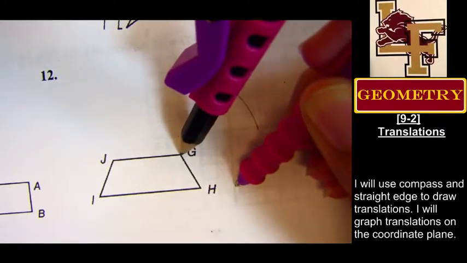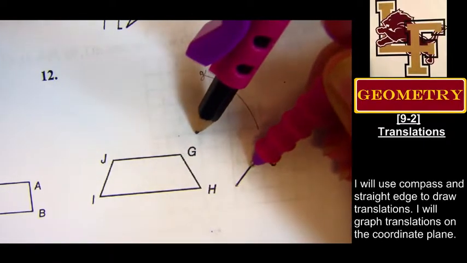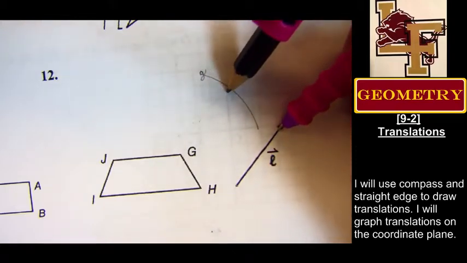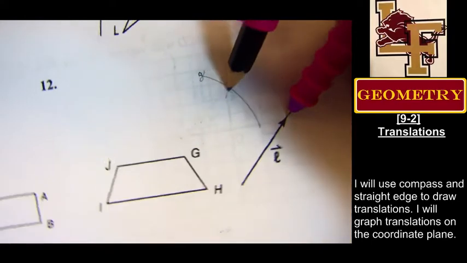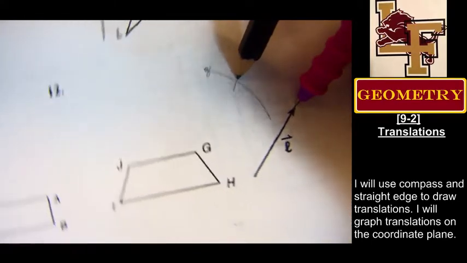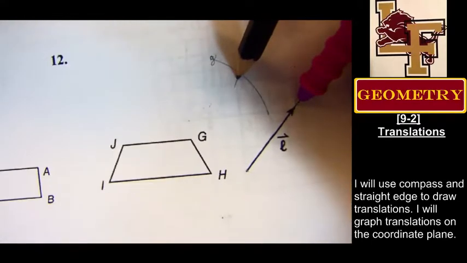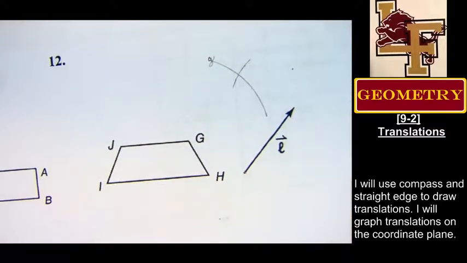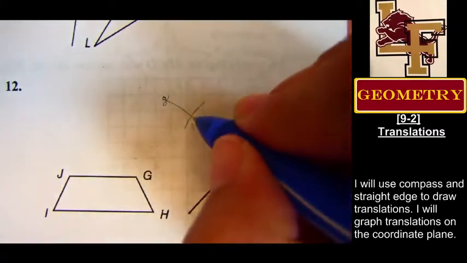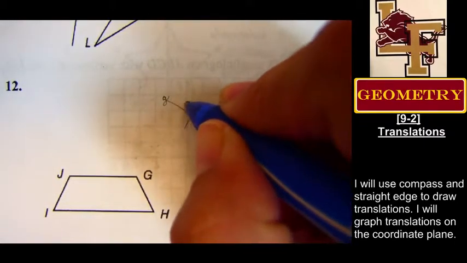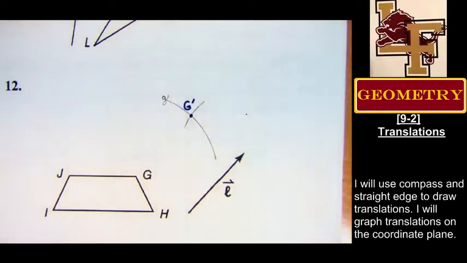So notice that I grabbed this distance and I literally slid it along the vector until the vector ended. From that point is where I'm going to draw my arc. And where they intersect is our new point, the image of G.